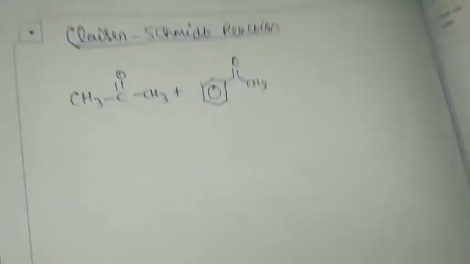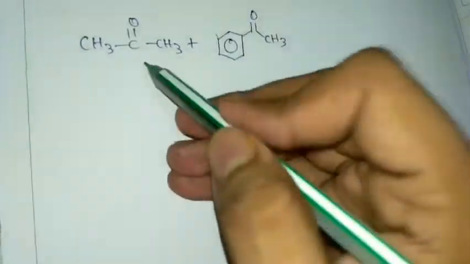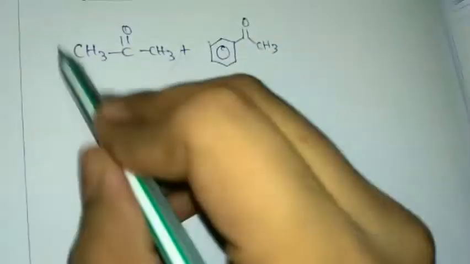In the previous video also, I said that 4 products are formed, right? So I'll directly write over here. First, this will form the enolate ion and attack this one.